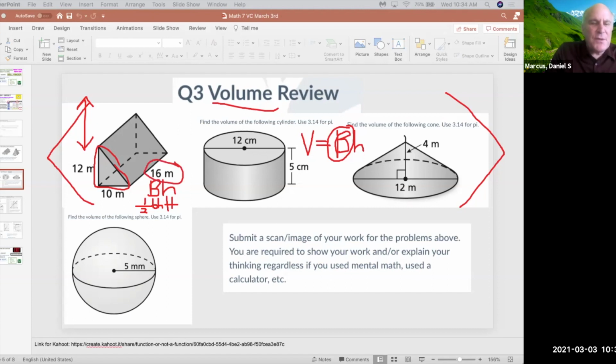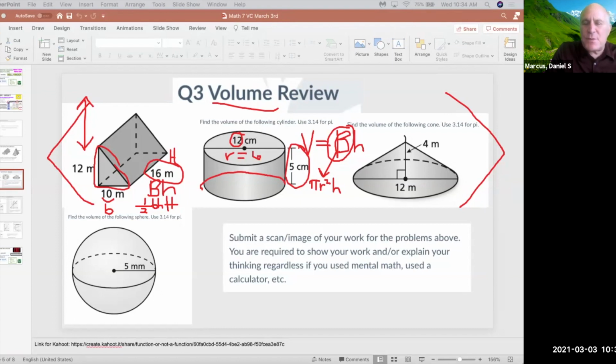Don't confuse little b, which is 10, with big H, the height of the standing up prism. The capital B on this one is a circle. So when you substitute for capital B here, the area of a circle is pi r squared, and then times the height. So you're going to have to take pi times 6 squared, because diameter is 12, the radius would be equal to 6.